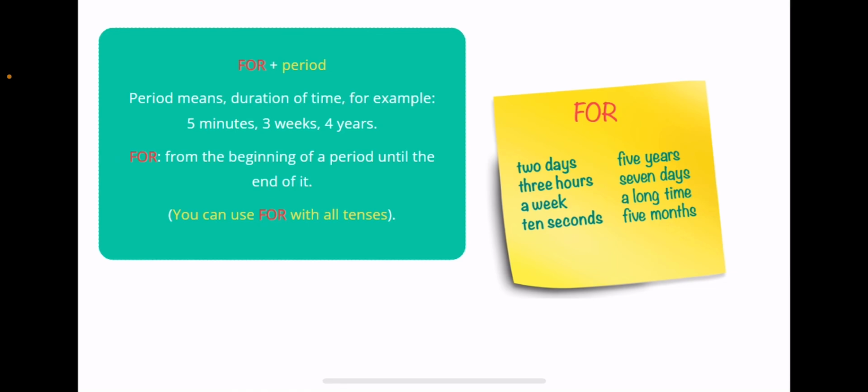So remember that we use for to talk about periods of time, and there are certain expressions that we can use with for, like for 2 days, for 3 hours, for a week, for 10 seconds, for 5 years, 7 days, a long time, for 5 months, etc. So for indicates the period of time that an activity has been occurring. So I've been studying English for 2 months.